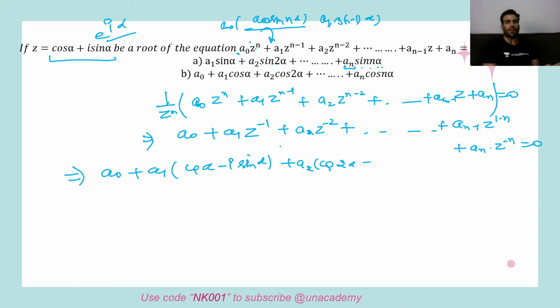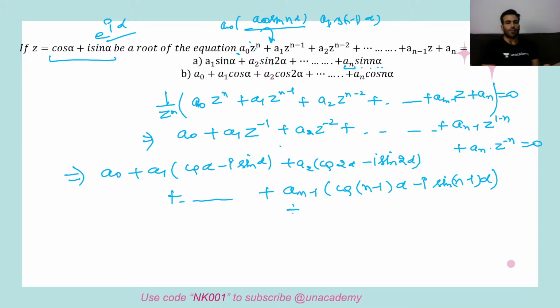So cos of 2 alpha minus iota sine of 2 alpha, and this will continue till a(n-1) cos of (1-n) alpha. Again, I'll take minus common, so it will become cos of (n-1) alpha minus iota sine of (n-1) alpha. And for the last term, an cos of n alpha minus iota sine of n alpha is equal to 0.